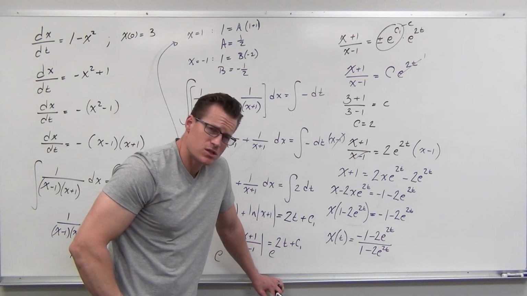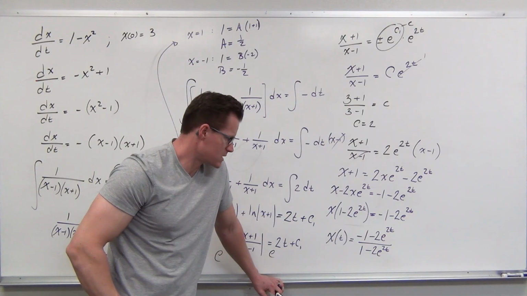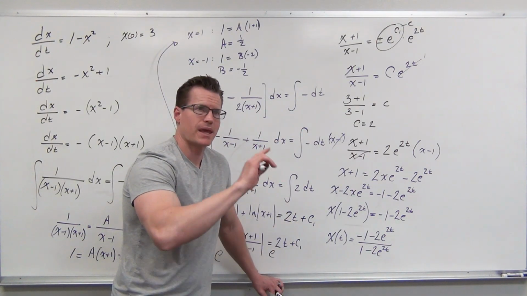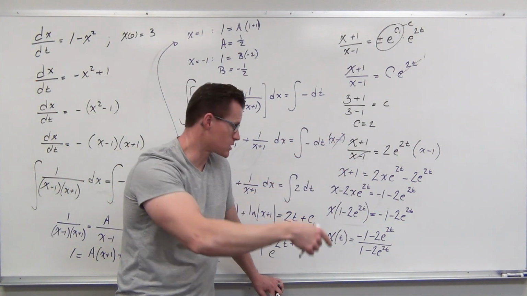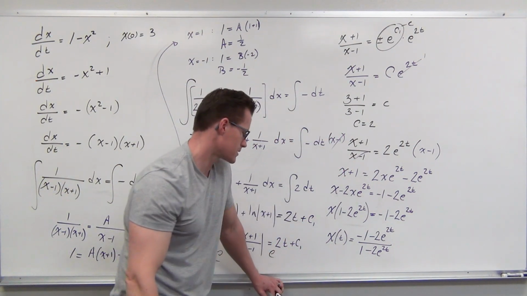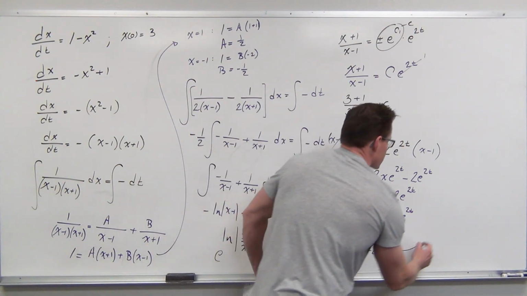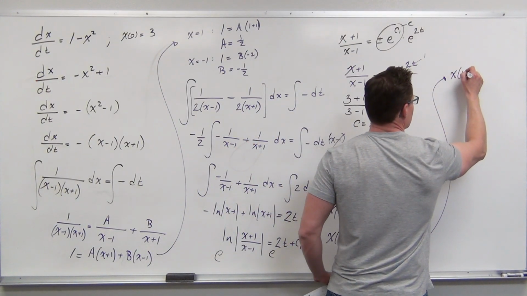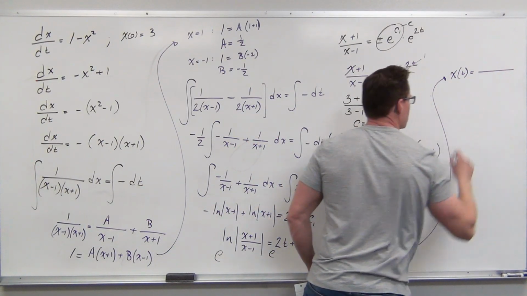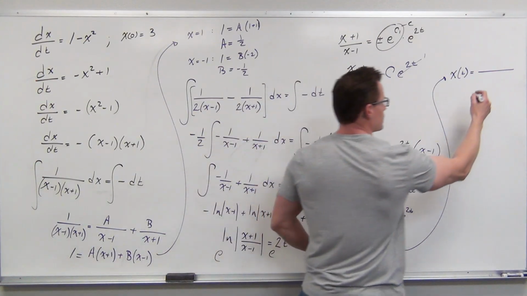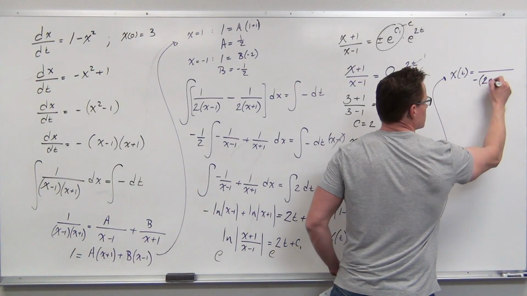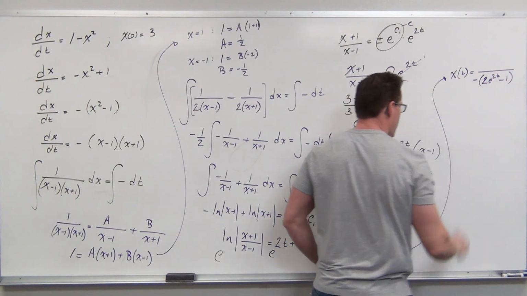One thing that we could do, if that's not looking that great to you, you could factor out a negative from your denominator or numerator and distribute it through the opposite. So I'm going to factor a negative out of this. What that's going to do is create this negative 2e to the 2t minus 1.